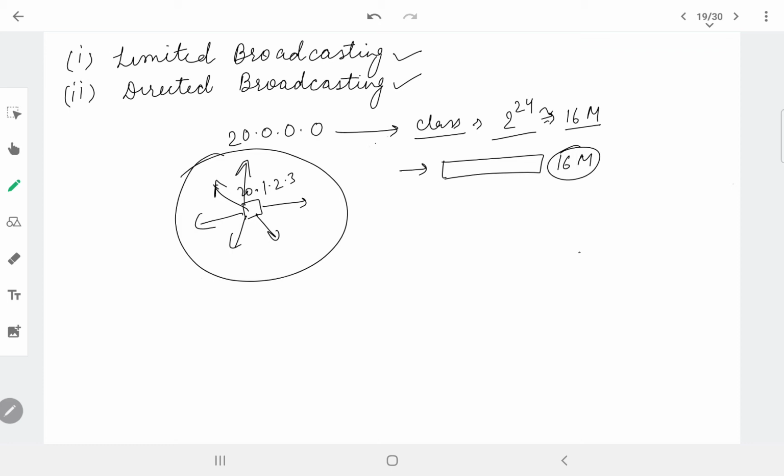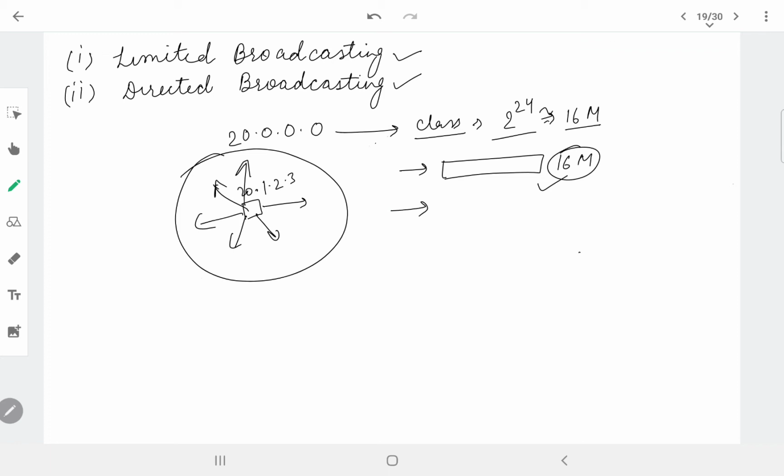This won't work. It's very difficult to send messages to 16 million hosts. So to overcome this problem, there is a feature called limited broadcasting, where a host can send a message to all the other hosts in the same network simultaneously.